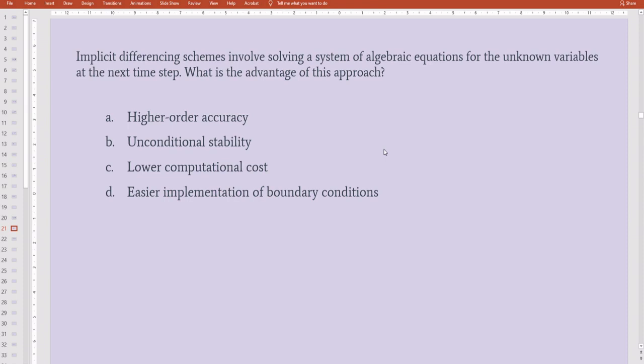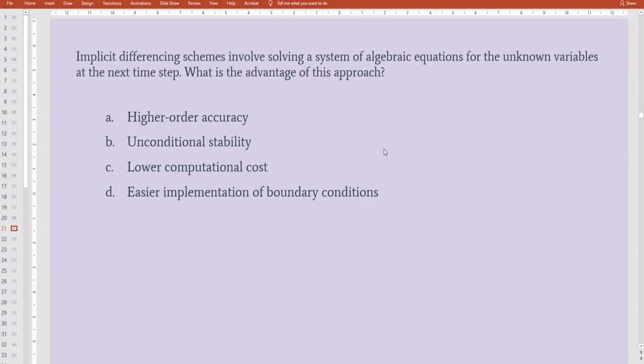Implicit differencing schemes involve solving a system of algebraic equations for unknown variables at the next time step. What is the advantage of this approach? Option A, higher order accuracy. B, unconditional stability. C, lower computational cost.